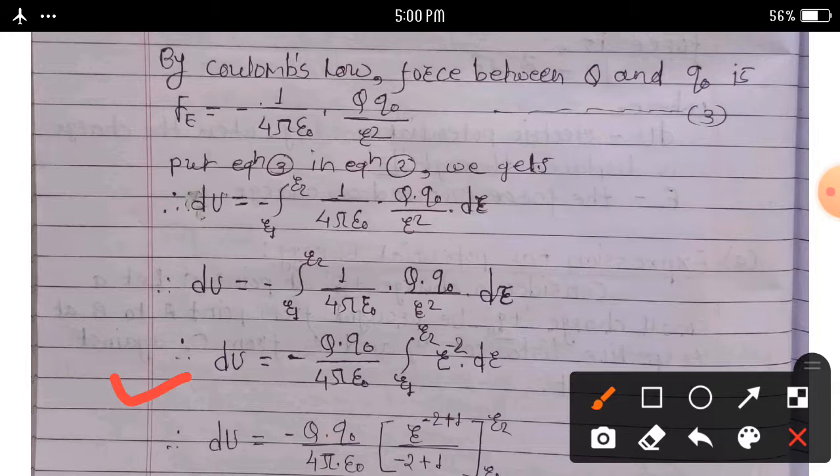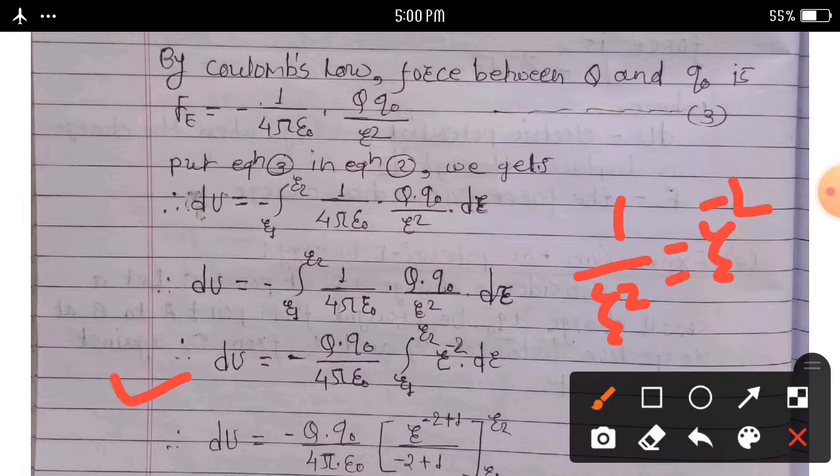Okay, here we can write dU is equal to minus q into q0 upon 4 pi epsilon naught, integration from r1 to r2 of 1 upon r square. Then we can write it this way, r raised to minus 2. Because q0 and 4 pi epsilon naught are constant terms, we can write them outside the integration.